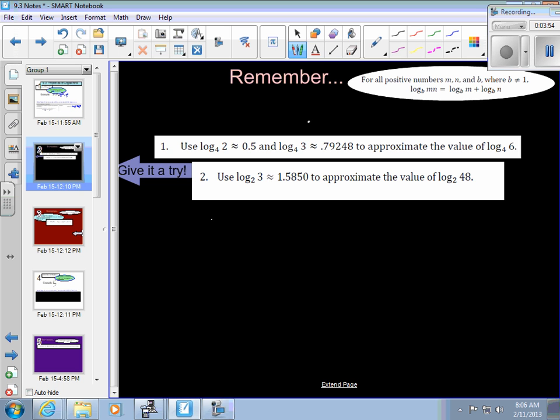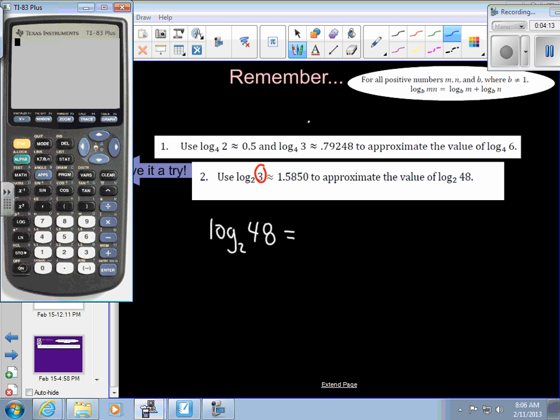So what we're going to try to do is split log base 2 of 48 up into two separate factors. Since they are giving us a value of 3, let's use our calculator to see how many times 3 goes into 48. If we go 48 divided by 3, we get 16.